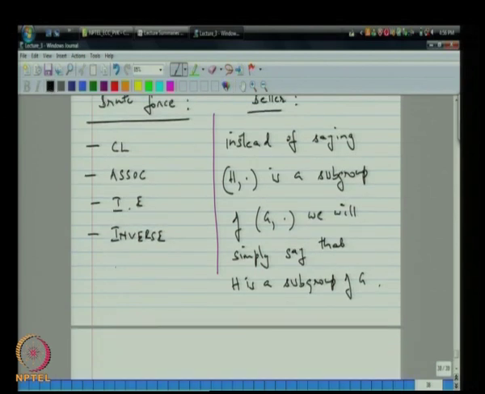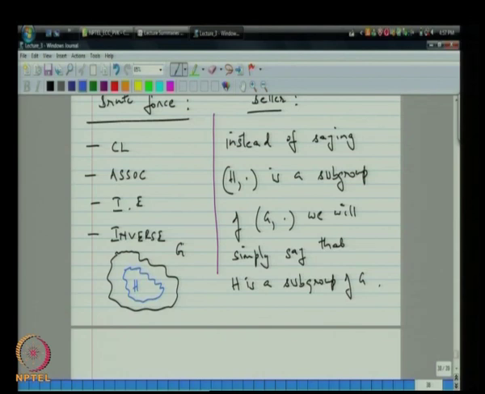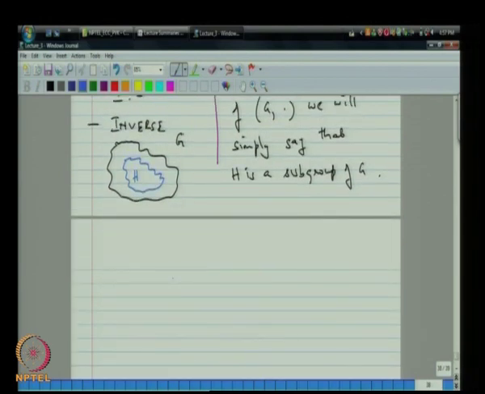You have your group G, and sitting inside this you have a subset H, and what you want to do is test whether the elements in this subset actually form a group under the same operation. So, the brute force way is to apply all the 4 tests, but a much simpler method is to apply the following lemma.